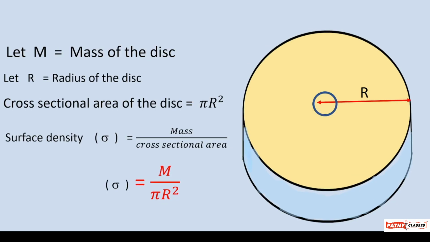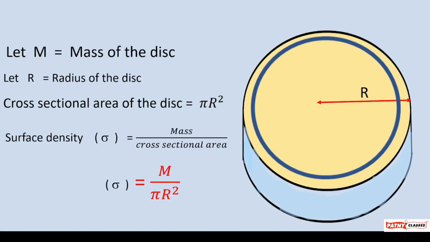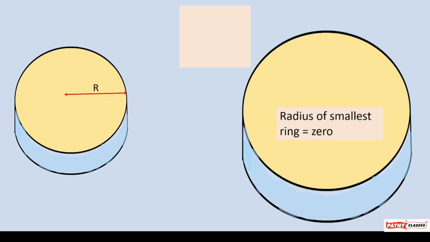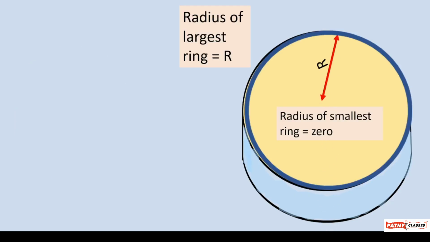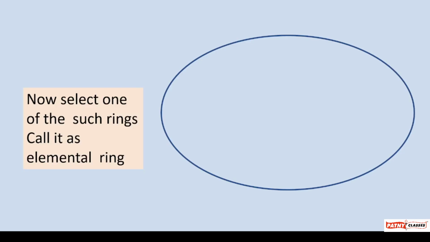Now consider this circular disc as consisting of a large number of concentric rings of increasing radius. So the smallest radius of the ring equals 0 and the largest radius of the rings equals r.